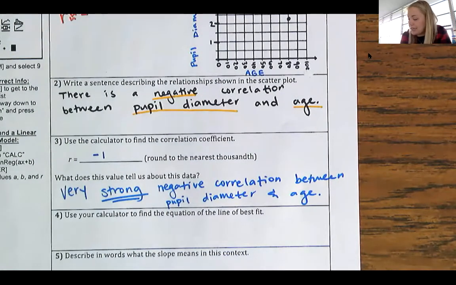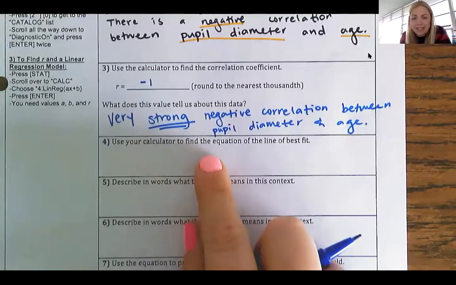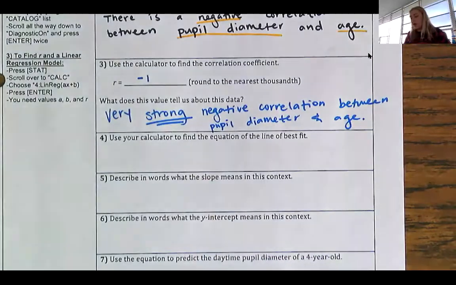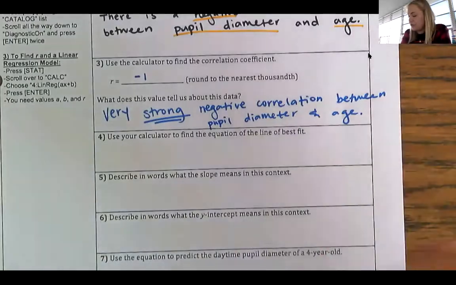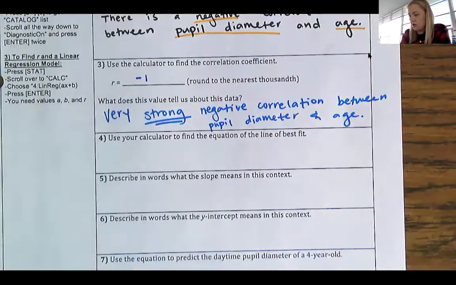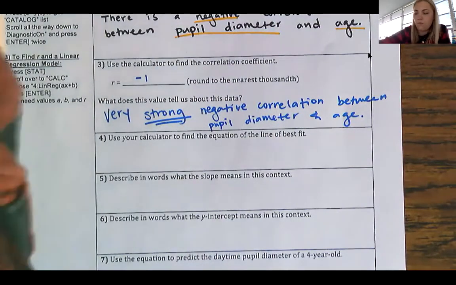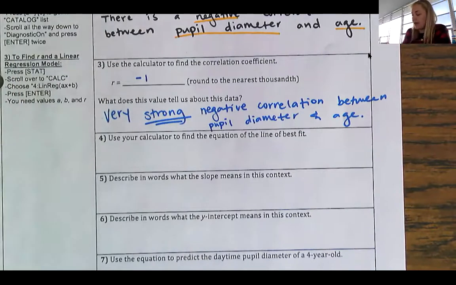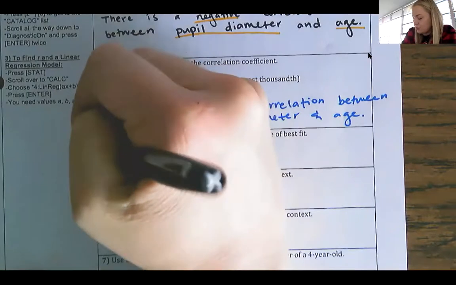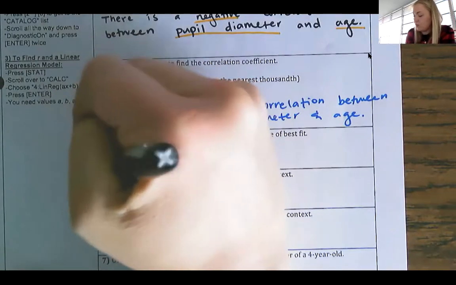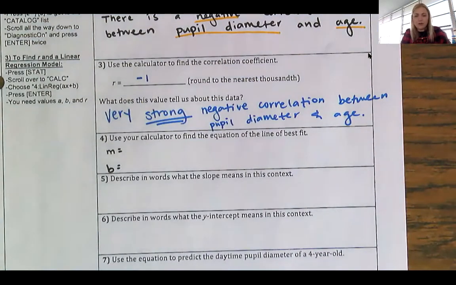Okay, so then it says use your calculator to find the line of best fit. So we are going to have an equation that is going to start with, hold on. Actually, what we want to take from that calculator that we just had on Desmos, we want to get an M value and we want to get a B value. So I'm going to go back to my calculator. I'm going to stop this share and I'm going to share my screen with you.